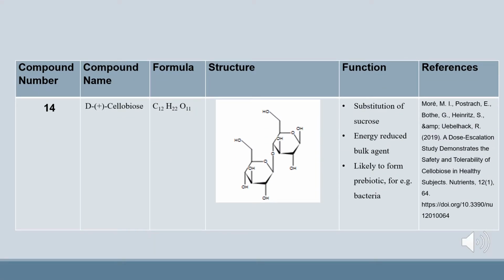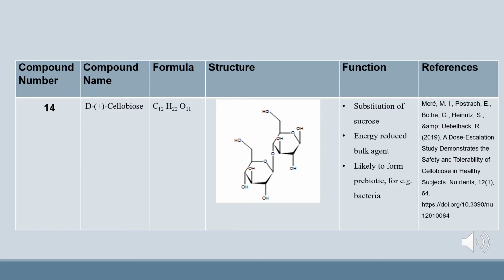Now it is compound number 14, and the name of the compound is D-positive cellobiose. The formula is C12H22O11 and the structure is shown in the table. The function of this compound is it can be used as a substitution of sucrose in beverages.